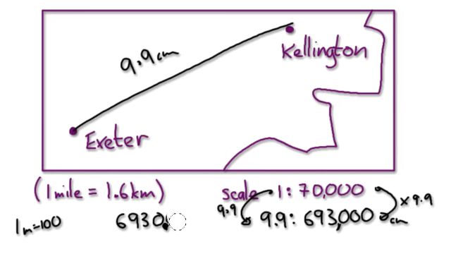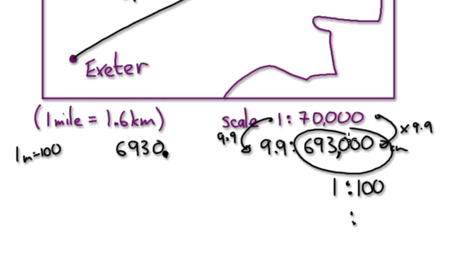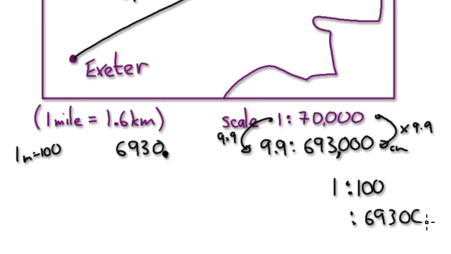And if you don't understand this part, then you can do the long route, where 100 centimeters equals 1 meter. If you don't understand what I just did, then you would have this many centimeters over here, 693,000, and you have to find out x.